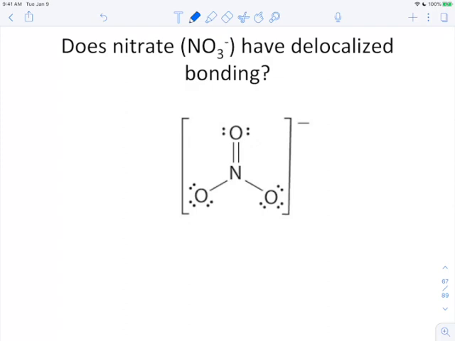Okay. So some of you guessed on it, and then I see the double bond that could be anywhere. That's exactly right. That double bond does not have to be on the top. It could have been with any of those 3 oxygens. So if this was a test or quiz, I would want you to draw all 3 possibilities.